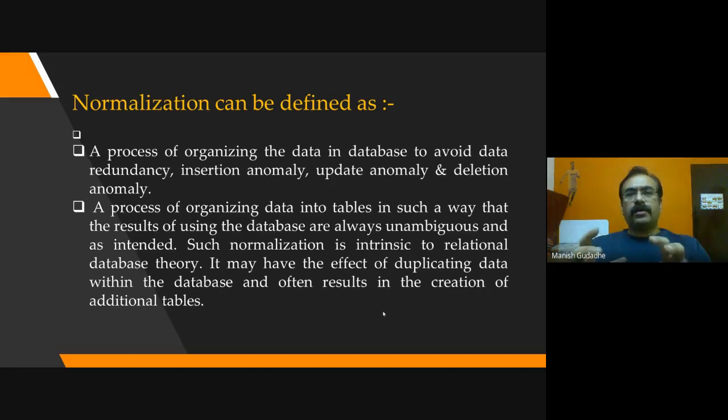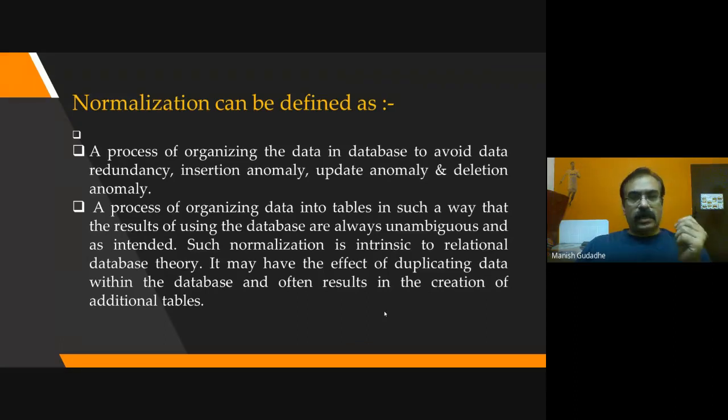That's a separate normal form, a separate identification. We are not treating it as a basic part of normalization, because that problem will not be there always in every database. It will be in selected databases. Hence, that normal form is kept separate. So, we are going to learn 7 normal forms in this.